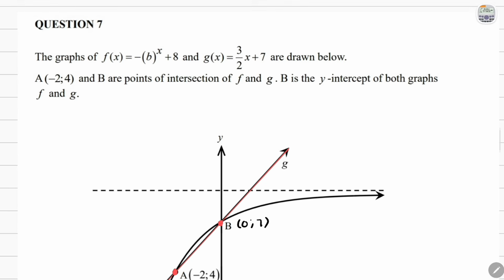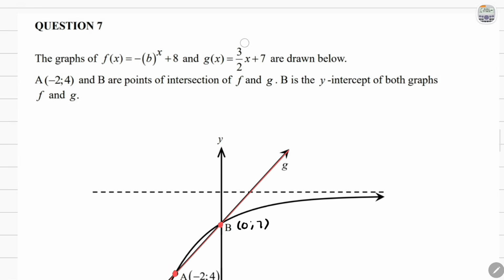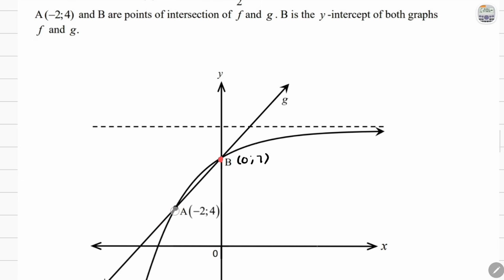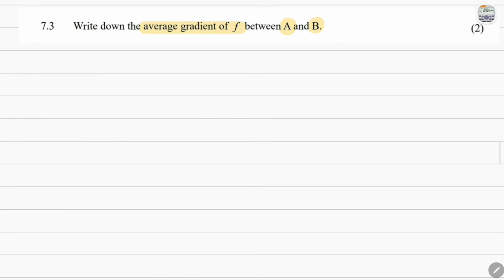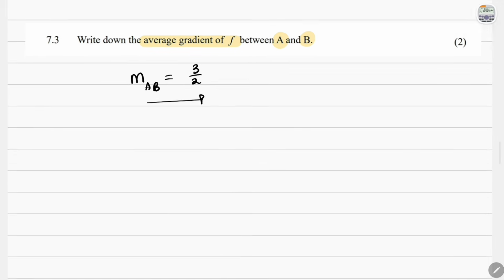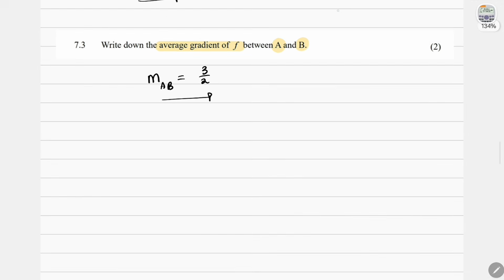And we know the equation of G, meaning we know its gradient. So the average gradient between any point on this graph of G would be exactly 3 over 2. So that would be our answer. So we can tell them that the gradient of AB is simply equal to 3 over 2. And that is our answer. Moving on to the next question.